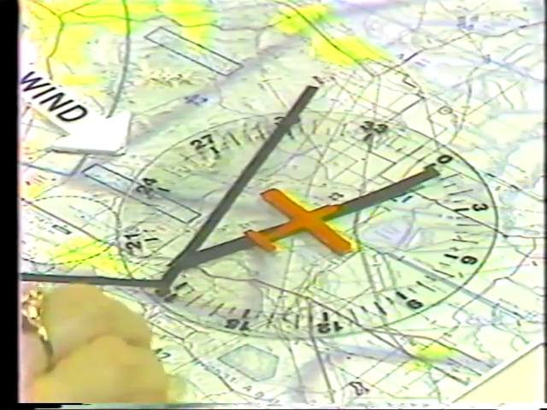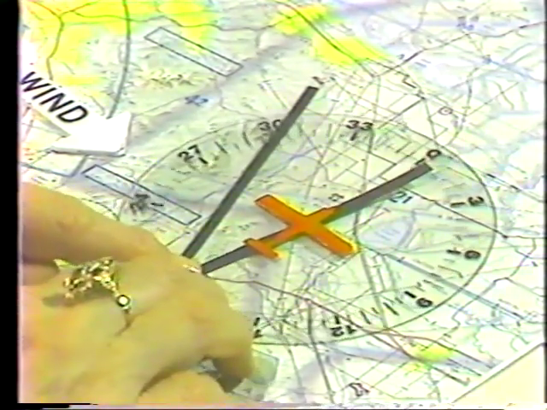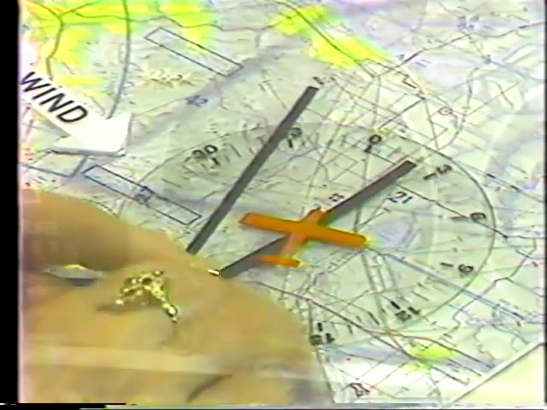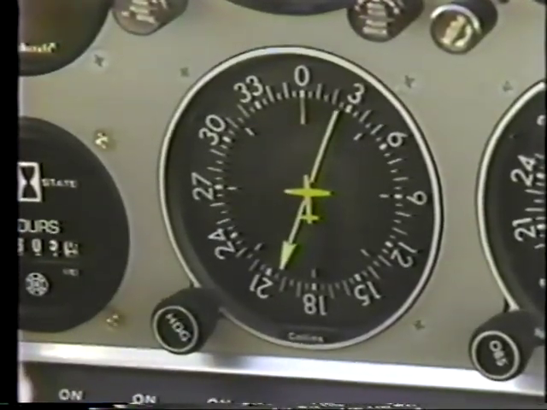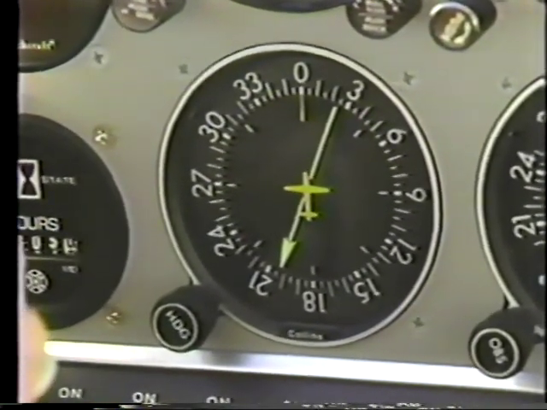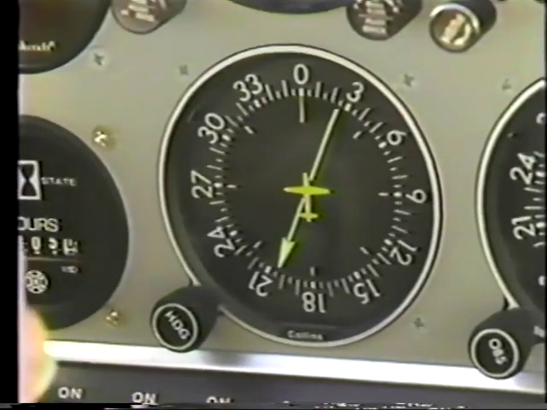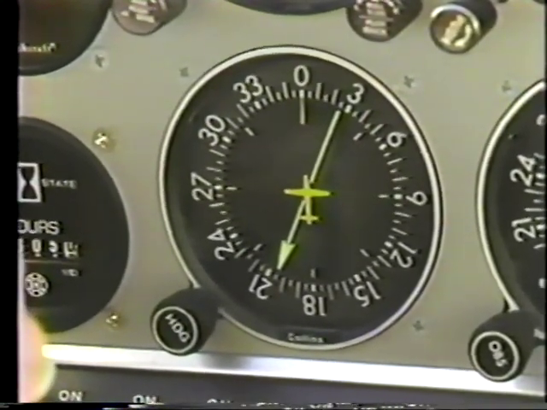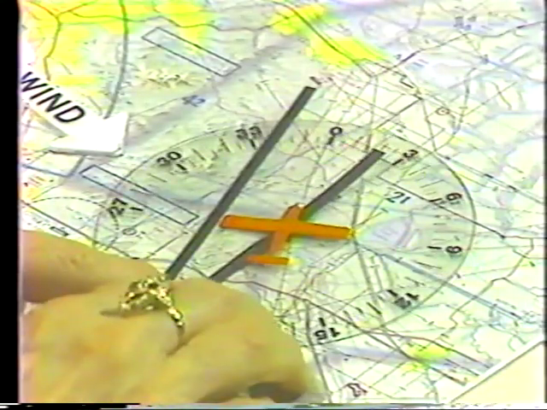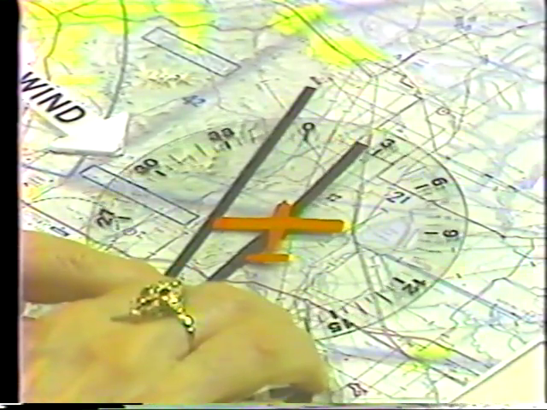So now we turn to our outbound magnetic course of 326 degrees and note that the tail of the bearing pointer is to the right, while the arrow of the pointer is to the left, telling us the station is left of the tail. So this indication directs us to turn left away from the tail of the pointer to our desired course.